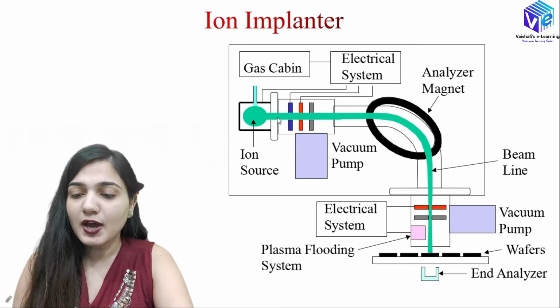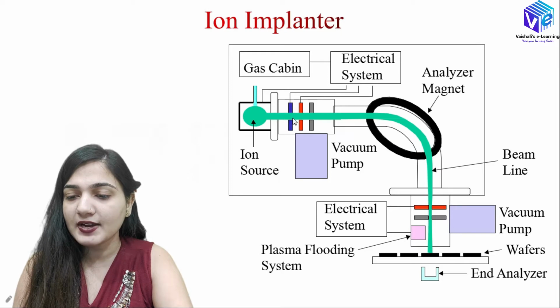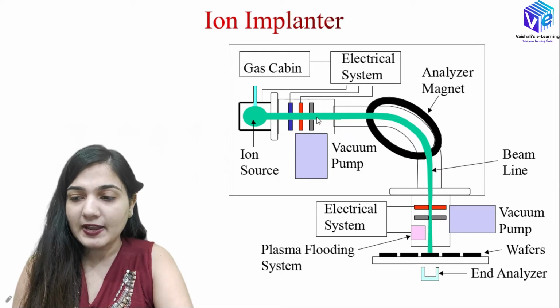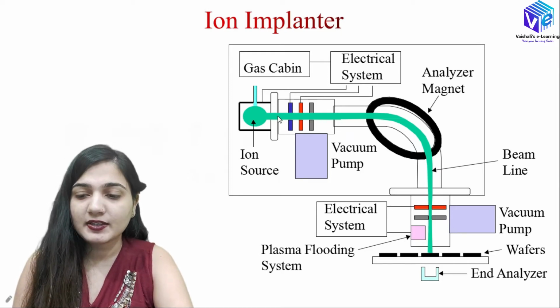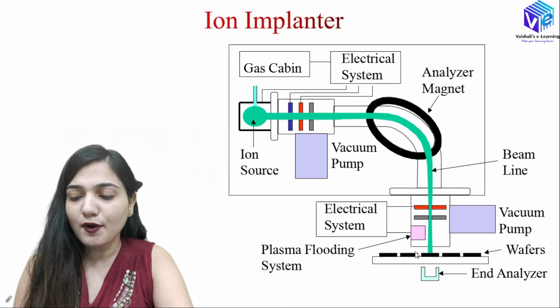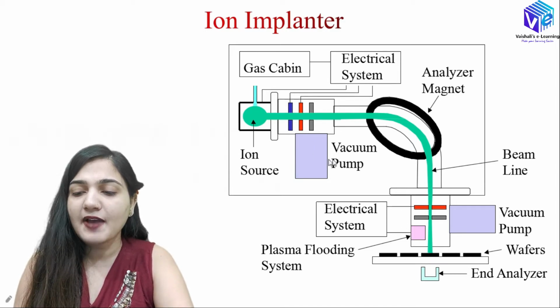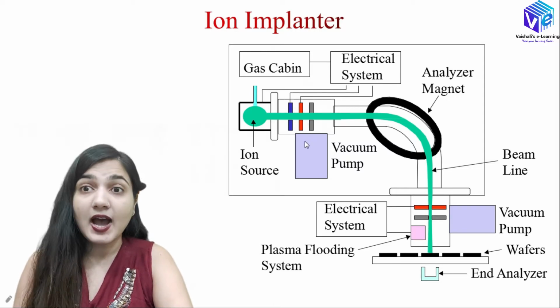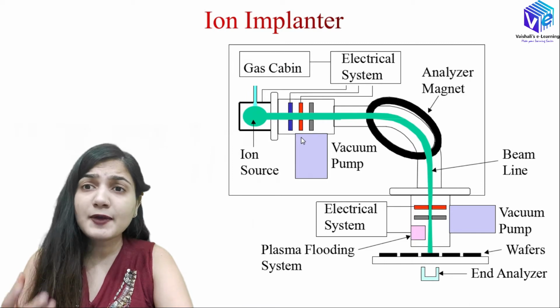Now these ions are sent through this pipe, which is the tube connecting the ion source to the wafers. On the wafer I want to do the ion implantation process, and here we have the vacuum pump to create the vacuum, because the ions are very reactive.